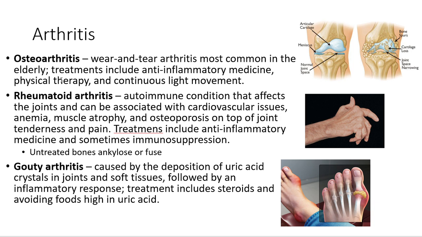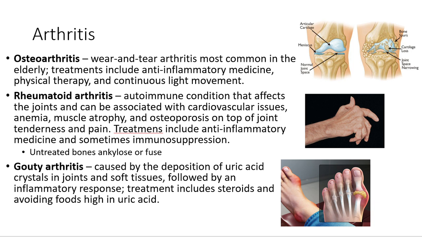Osteoarthritis, for example, is wear and tear arthritis, much more common in the elderly, but anyone can have it. Treatments include anti-inflammatory medicine, physical therapy, and continuous light movement. Osteoarthritis is likely to affect everyone as they age, but some are more affected than others. So continuous movement and not becoming too sedentary are ways you can try to help prevent different types of OA.